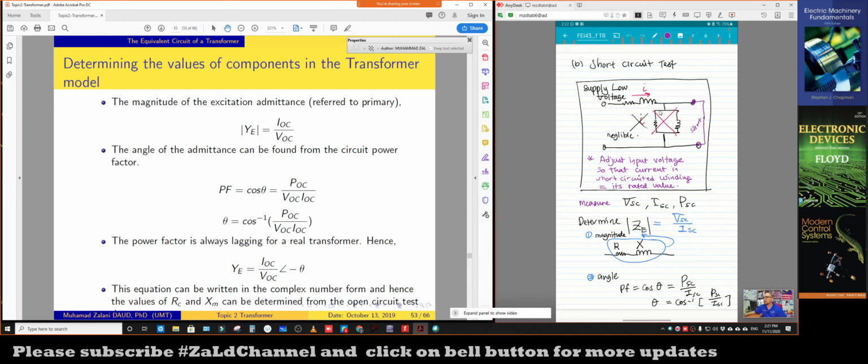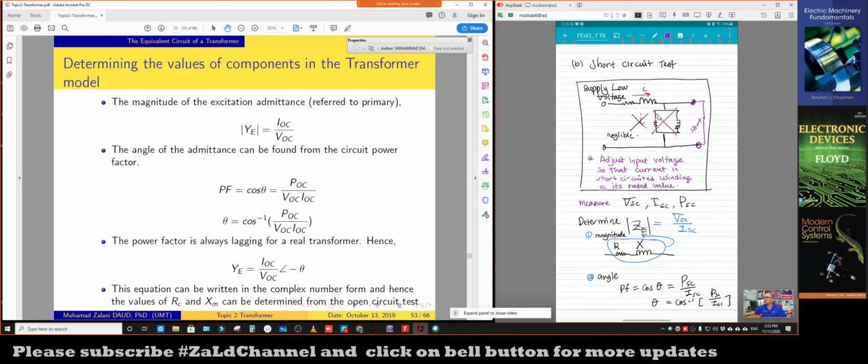So we do the setup, which is we supply quite a low voltage across the series elements here, across this resistance and inductance, and then we adjust the input voltage until the current in the short circuit windings, in the short circuit part ni, current tu sama dengan dia punya rated value, meaning that there will be no more voltage across this parallel branch.